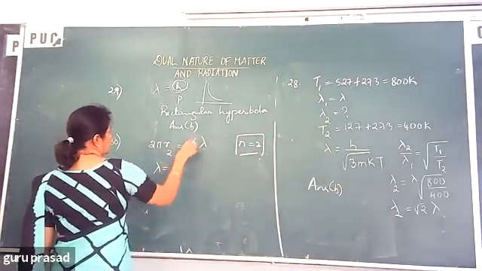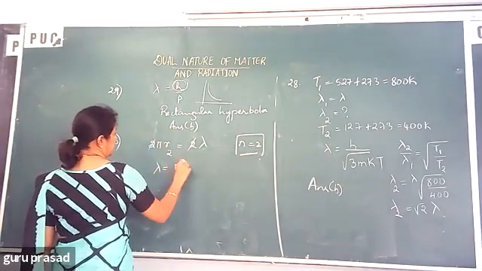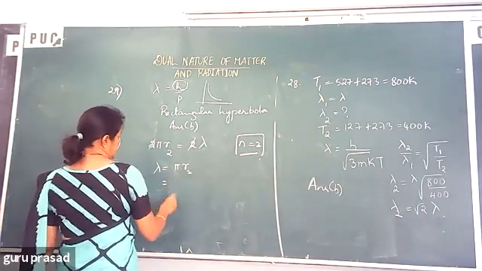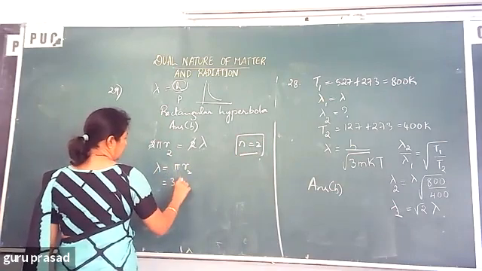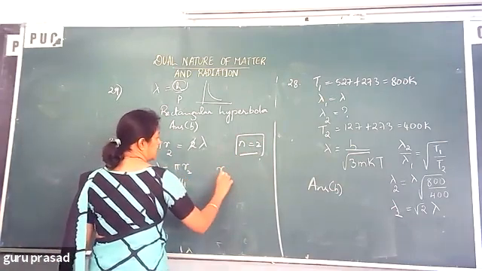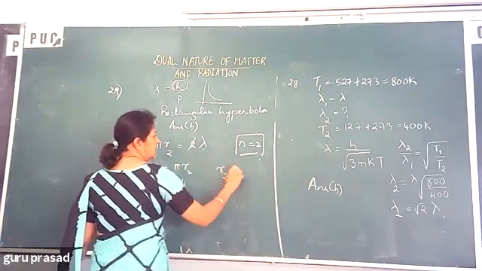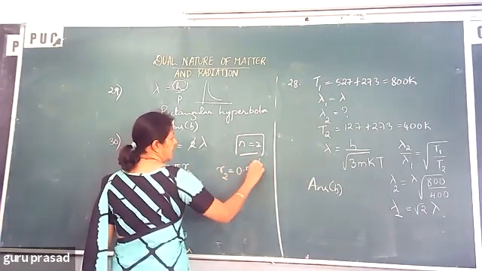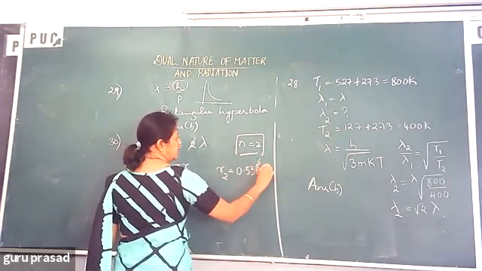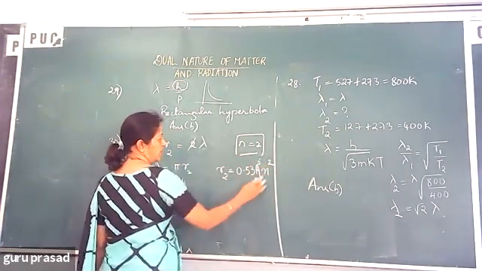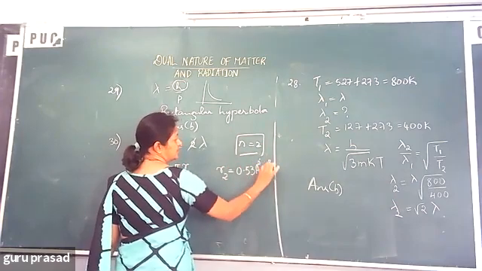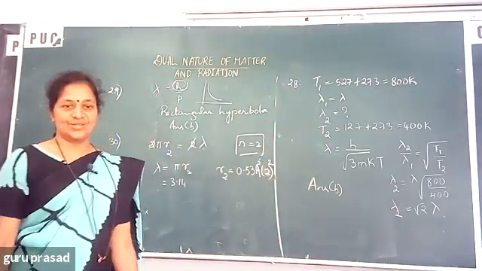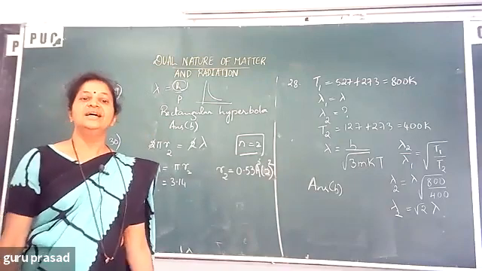2 cancels. Lambda is equal to pi into r2. Pi is 3.14. See, the radius of the second orbit is the radius of the first orbit, 0.53 angstrom, into n square. That is the formula. n square is 2 square, because r is proportional to n square, the radius of the nth orbit.